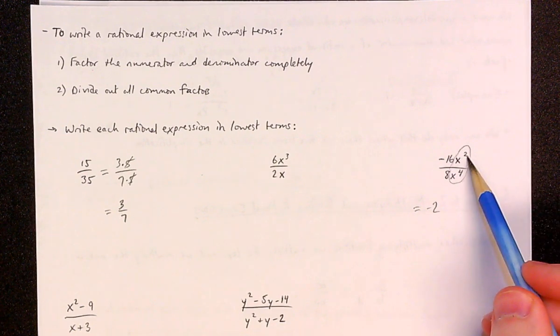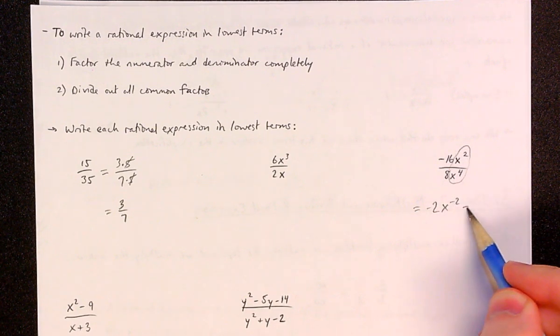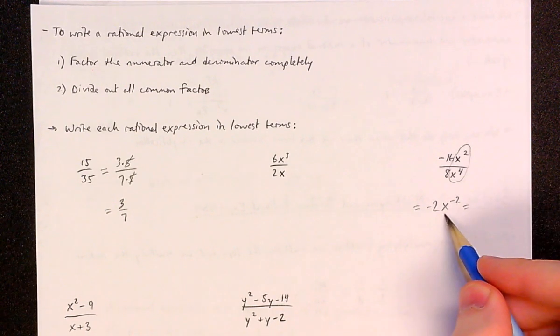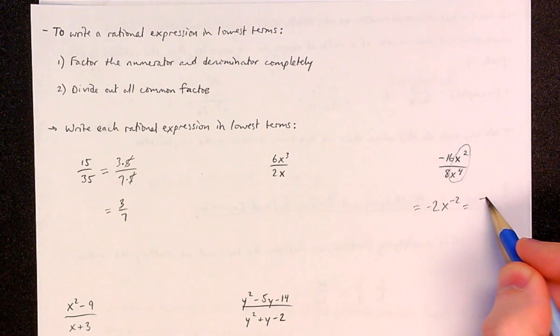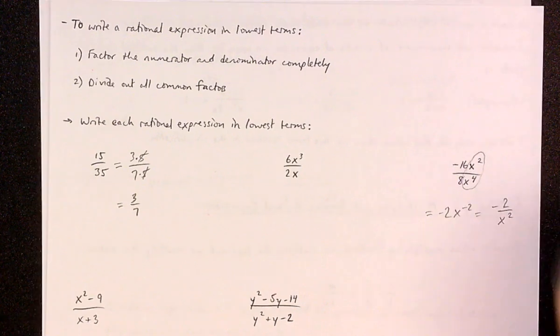So it's x to the 2 minus 4, or x to the negative 2. But again, we typically like to write these so that there are no negative exponents. So I have to take this x to the minus 2, move it to the bottom of my fraction, and then that exponent becomes positive. So I have negative 2 divided by x squared. That exponent of 2 is now positive.